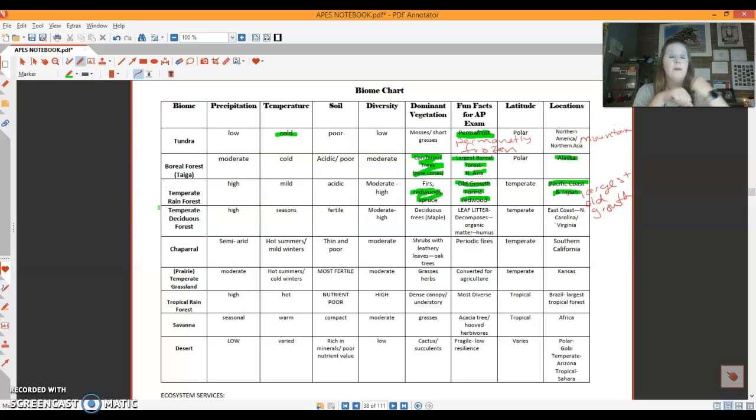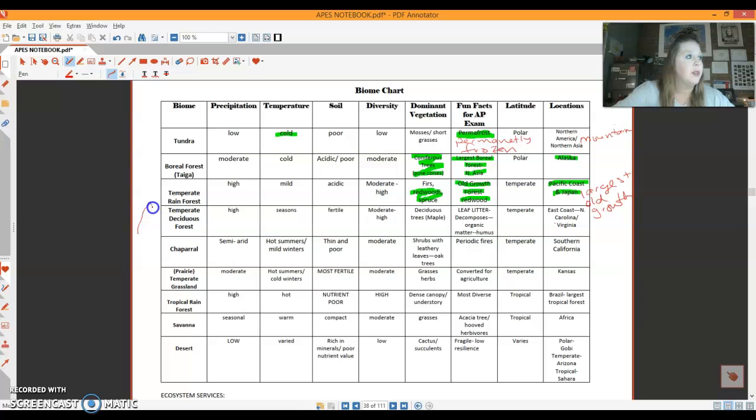Deciduous means that the leaves fall off. They turn the pretty colors of orange and yellow and red. Those are the trees that shed their leaves. We have 4 legitimate seasons. Maybe not in Texas, but we have 4 seasons.